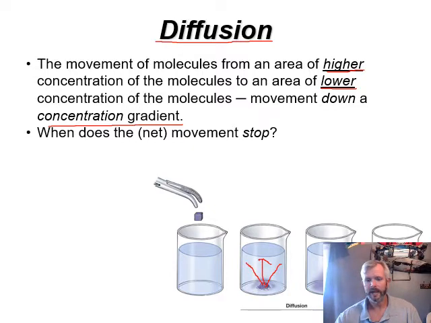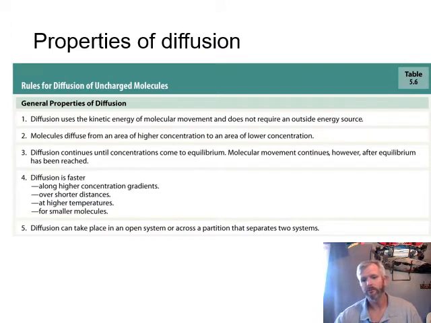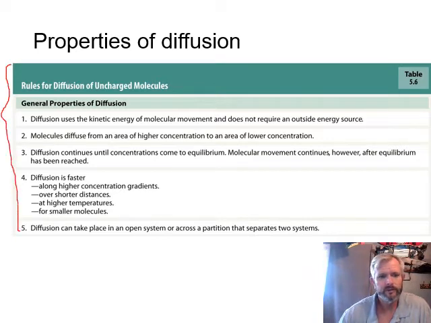Eventually, there'll be an equal concentration of dye here and throughout the flask. That is when it comes to equilibrium. So diffusion, if allowed to, will take place until the molecules reach equilibrium in the solution. And this just gives you the rules of diffusion.